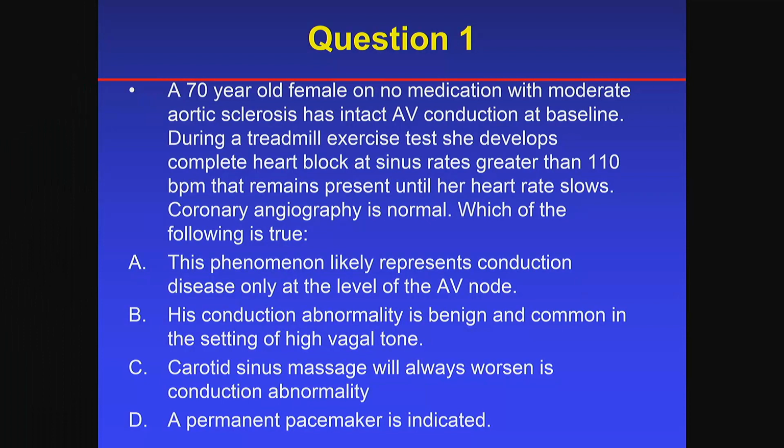Therefore, if we go through the possible choices, A is incorrect because this is not at the level solely of the AV node, and as we mentioned, is at the level of the intra or infrahisian conduction system. B is incorrect because this conduction abnormality is not benign.